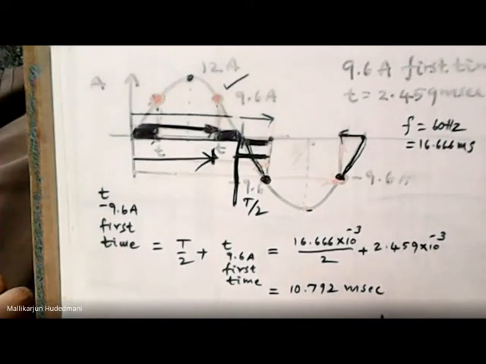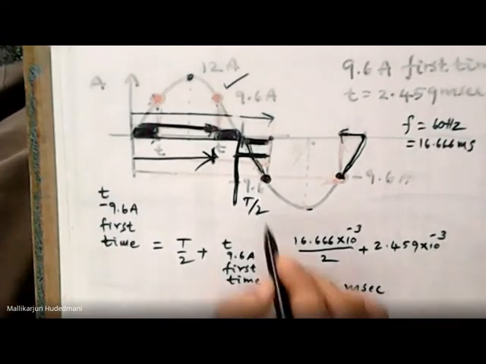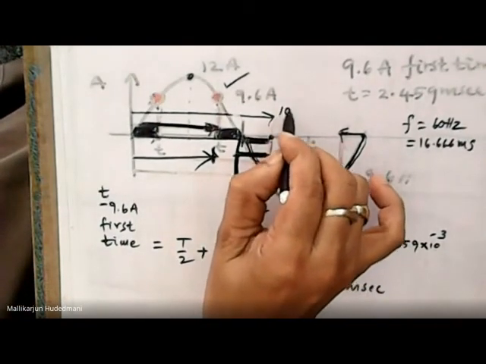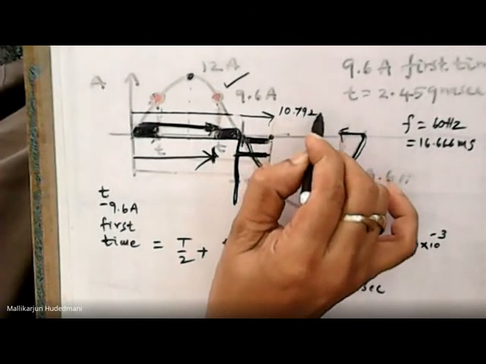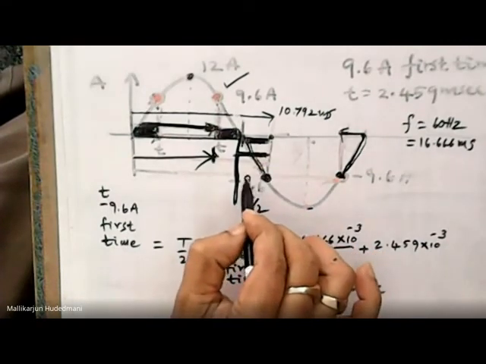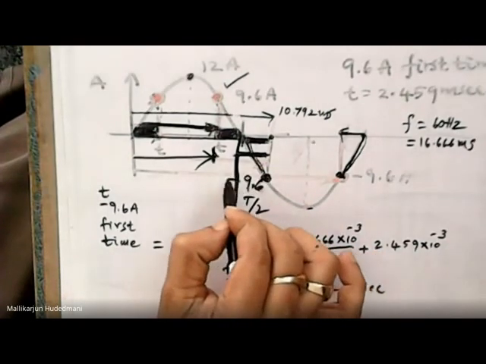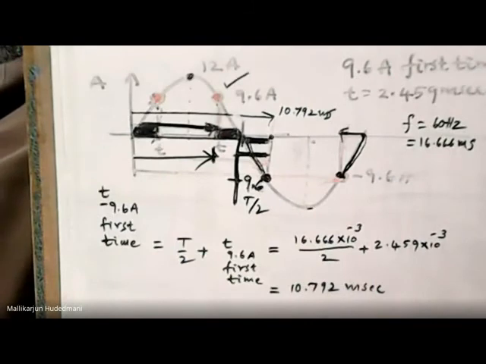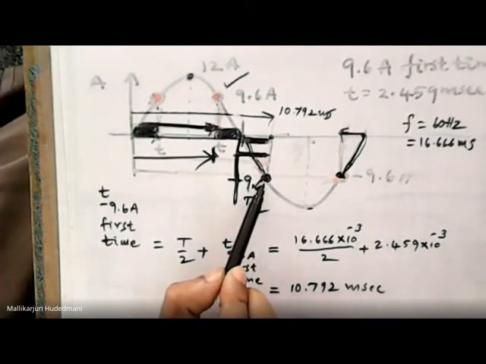It means I am exactly at this time of 10.792 ms at this point. So when I put that value, the quantity represents minus 9.6. So this is about obtaining a time for a quantity negative first time in the representation.